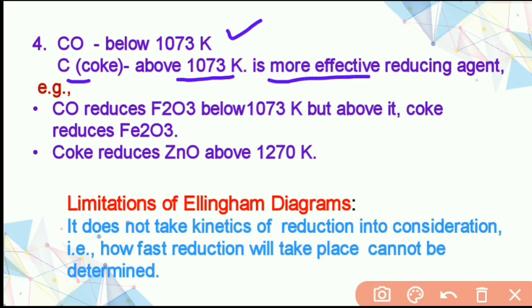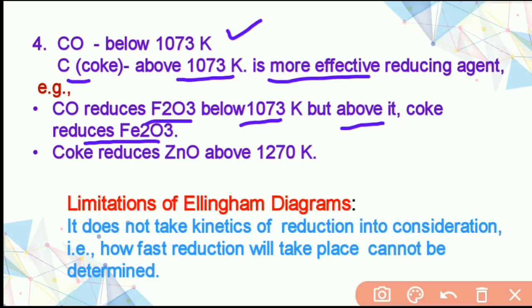For example, carbon monoxide reduces ferric oxide, the ore of iron hematite, below 1073 Kelvin temperature, but above it coke carbon reduces ferric oxide into iron.